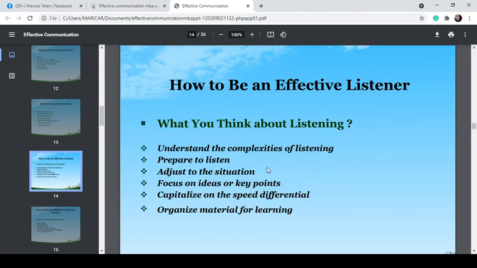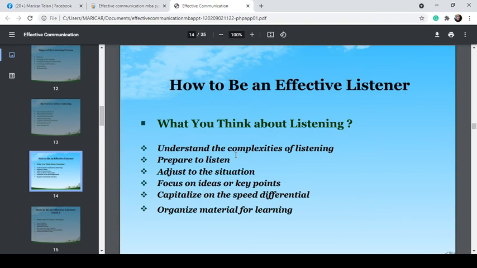So, take a moment to be quiet. Okay, and then when you take a moment, that's the first way on how you are going to prepare. Ano i-prepare mo? Prepare to listen. And then right after, halimbawa nakikinig ka na, you have to adjust the situation. How are you going to adjust the situation? You have to focus. So, ipasok mo sa utak mo lahat ng pinakikinggan mo.